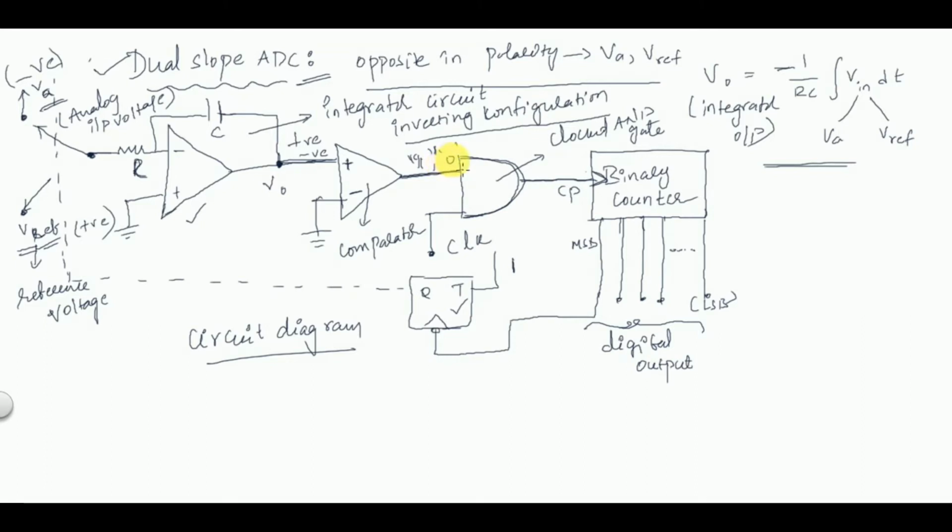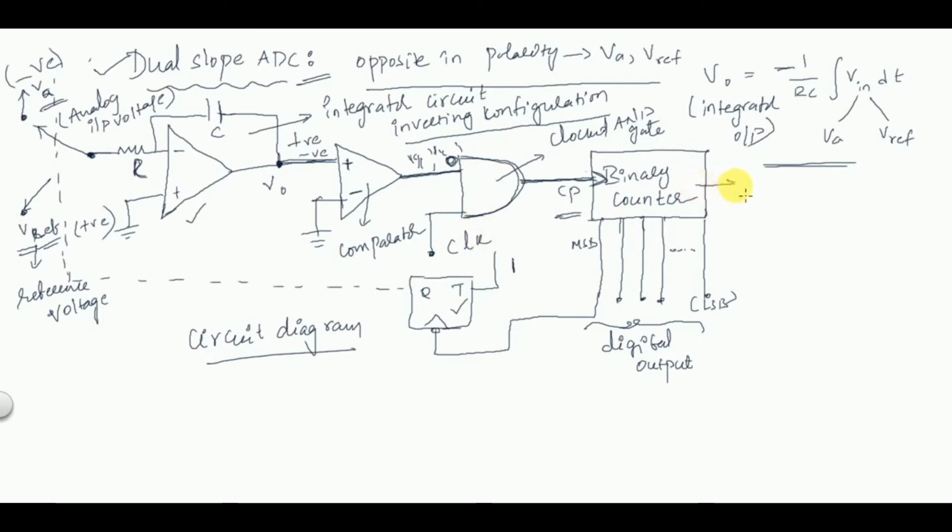If the output of the comparator is 0, no clock pulses are passed through the AND gate. So if the output of the AND gate is 1, clock pulses are transferred to the binary counter; if it is 0, no clock pulses are transferred. This is the operation of the clocked AND gate.